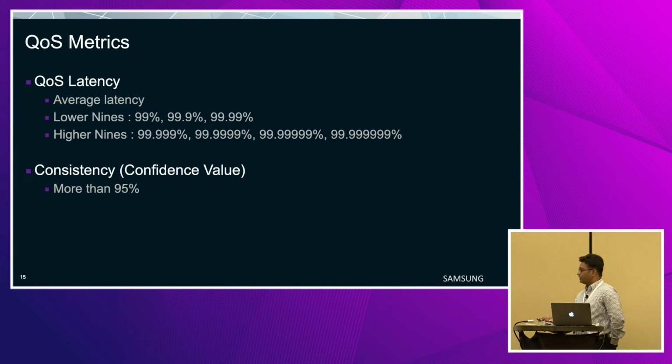So here is the problem. Matching these higher nines is a great challenge for SSD vendors. Up to the specification, this side is fine, we'll meet all the values, but higher nines are tough. Consistency value of 95% or more is a requirement for QoS.